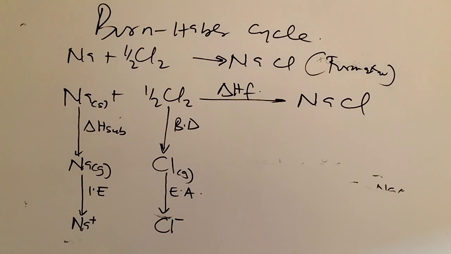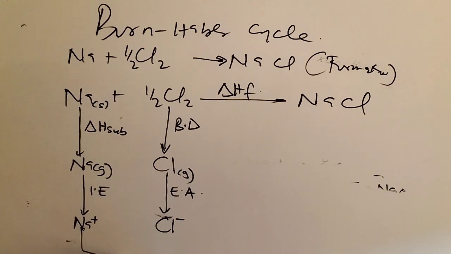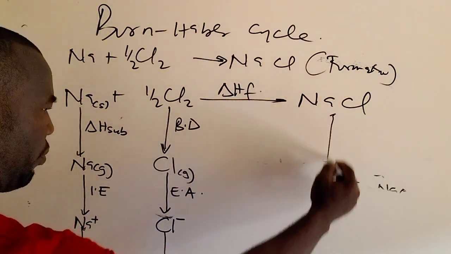So when we have done that, what then do we do? We now join this together. We draw an arrow from here and move to that point.